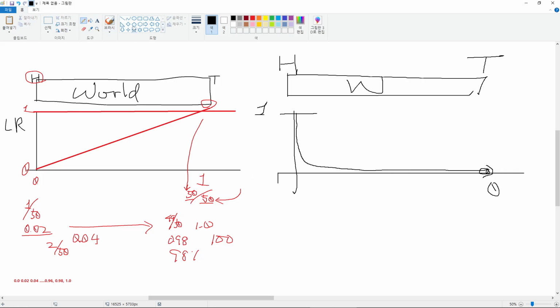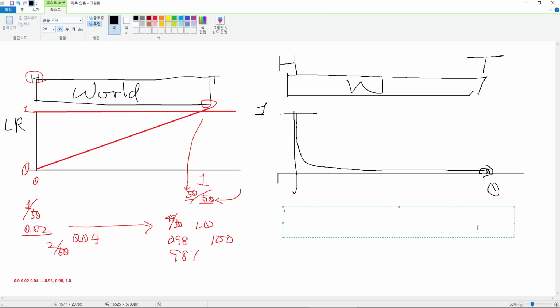So for the head, it's going to be 1, and then next up, 1 divided by 3, then for the third one, 1 divided by 5, and the fourth one is going to be 1 divided by 7, and this goes on and on.